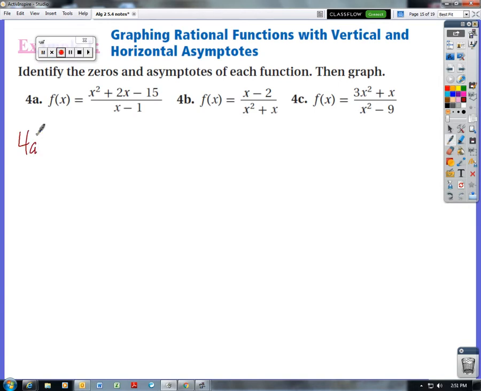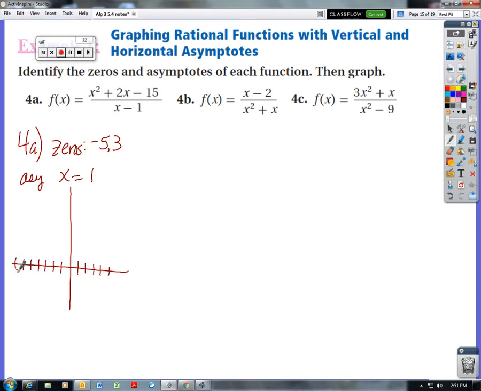So for A, according to our book, the zeros are negative 5 and 3. Asymptote, it only has a vertical one at x equals 1. And then when you graph it, it's easiest if I just count 1, 2, 3, 4, 5.